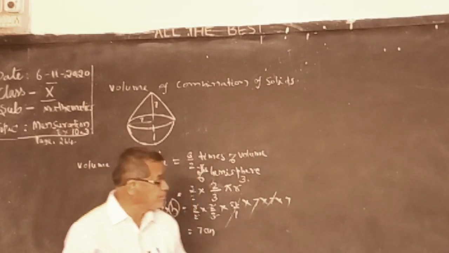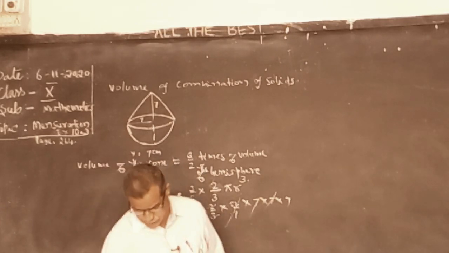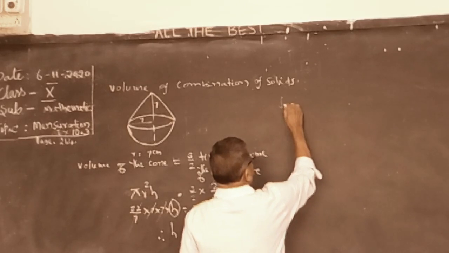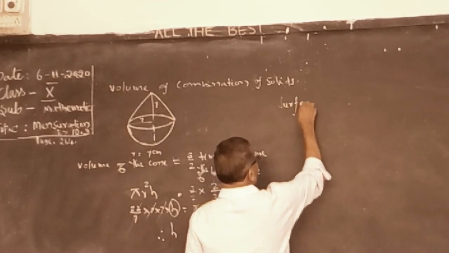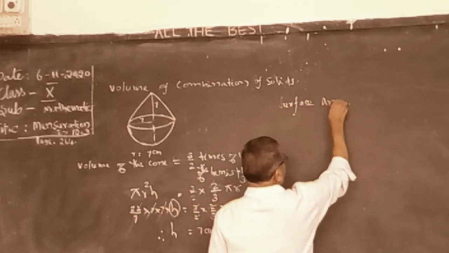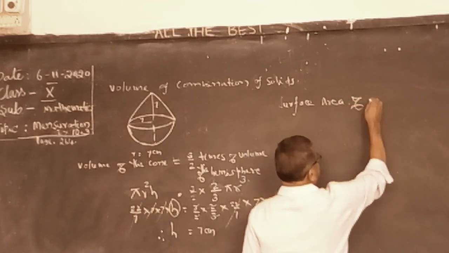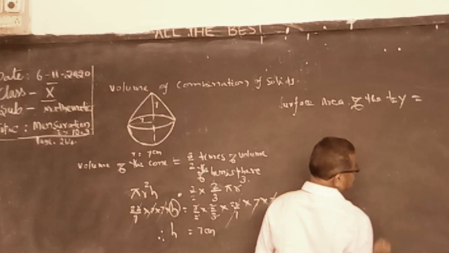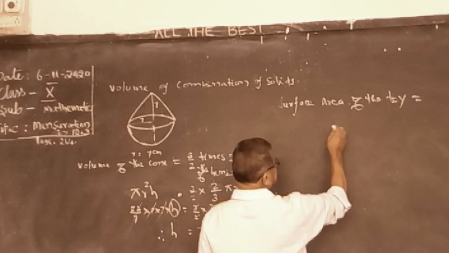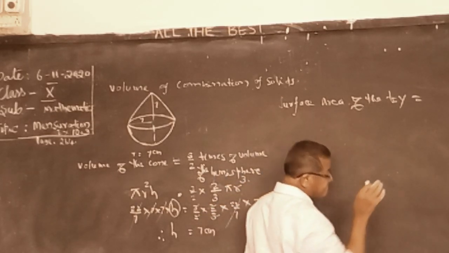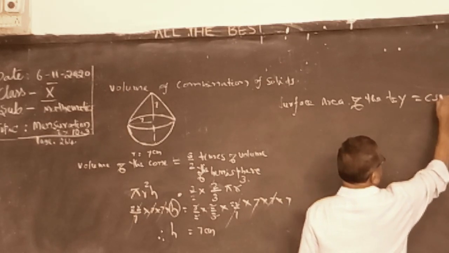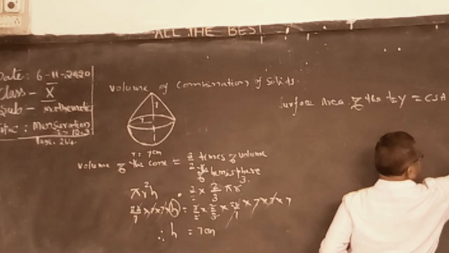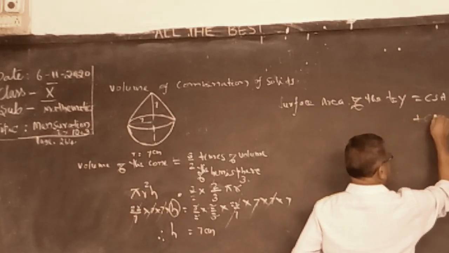Surface area of the toy is equal to CSA of the cone plus CSA of the hemisphere.